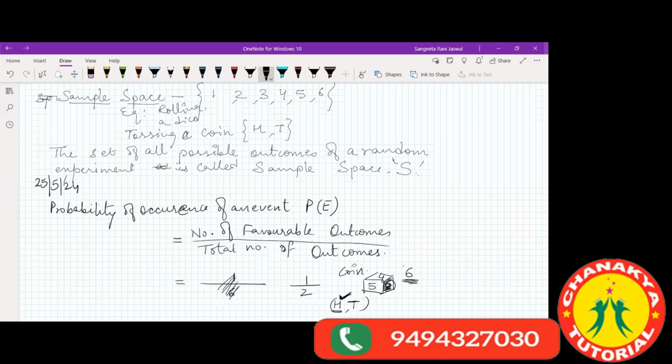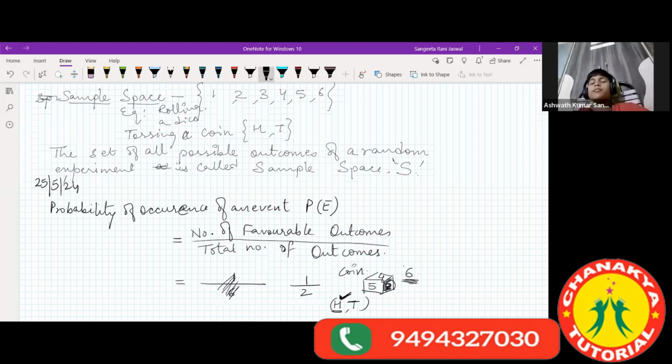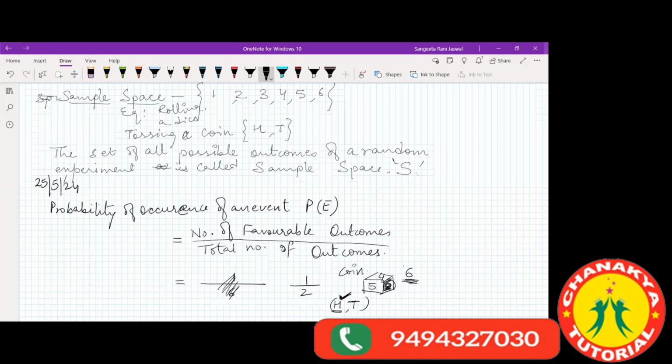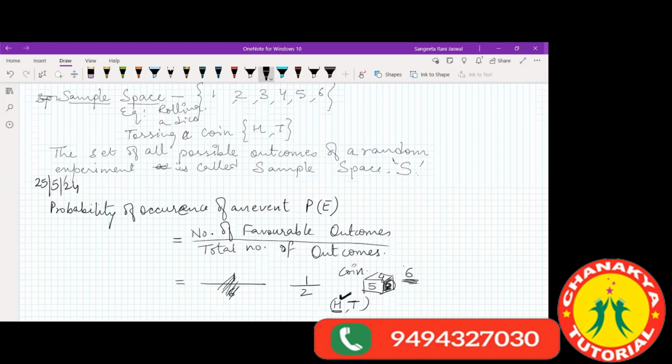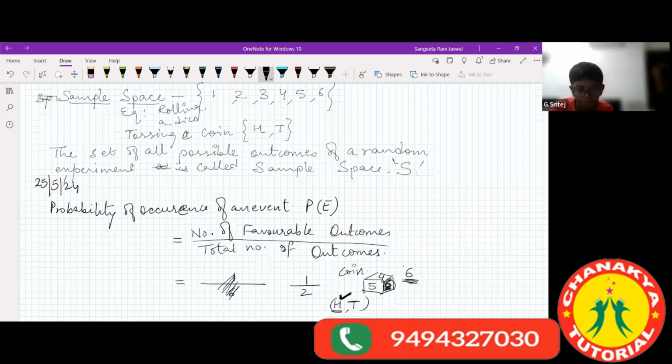Most of the number of favorable outcomes will be, not really, you'll get to see many examples in that. They will give some numbers and we will do sums. There are only two outcomes and the number of favorable outcome is only one.